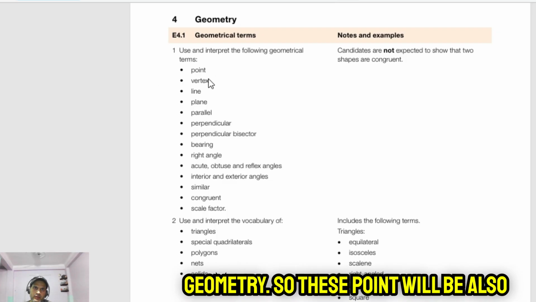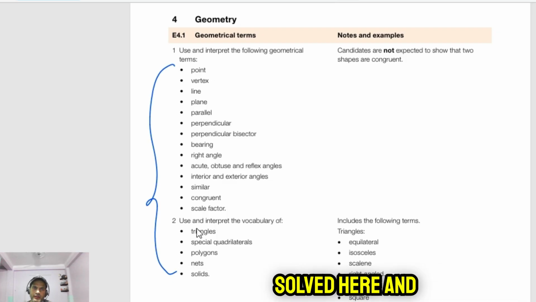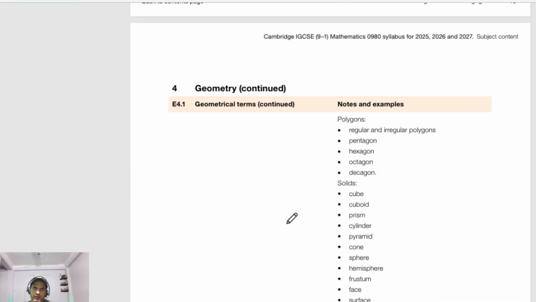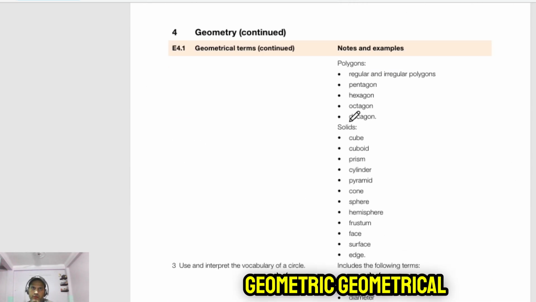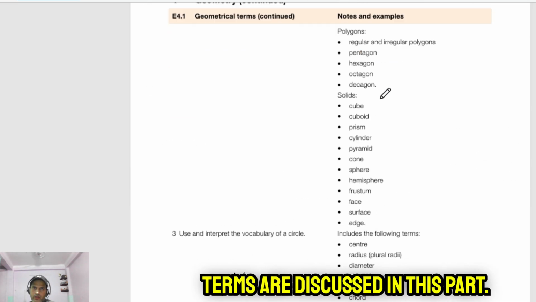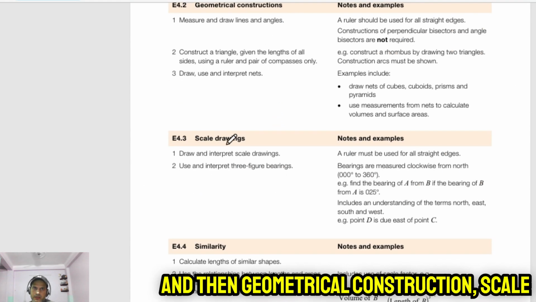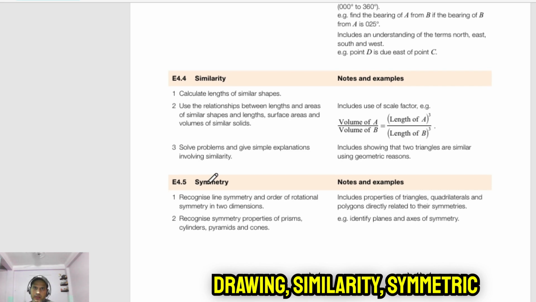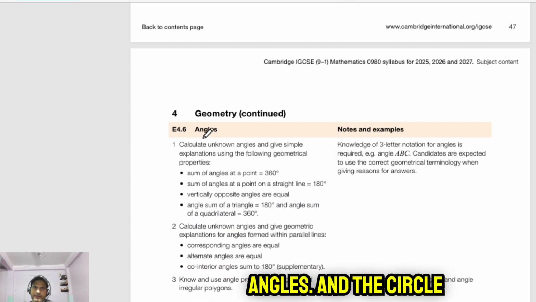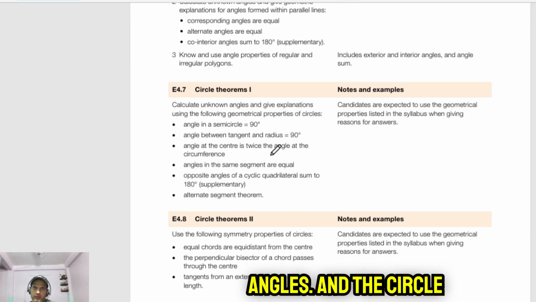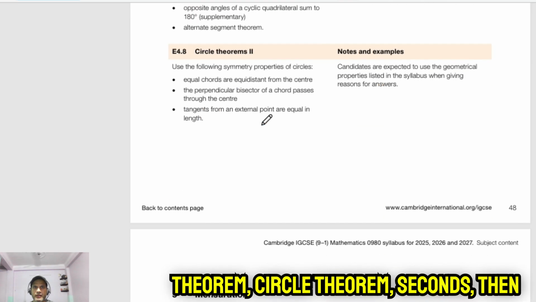Geometry, so these points will also be solved here. And geometrical terms are discussed in this part. And then geometrical construction, scale drawing, similarity, symmetry, angles, and circle theorems.